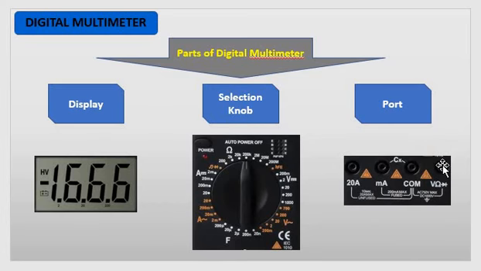One jack is provided which is common for voltage measurement, resistance measurement, and here for the testing of diodes also. So which parameter you are going to check, accordingly you have to select the jack.